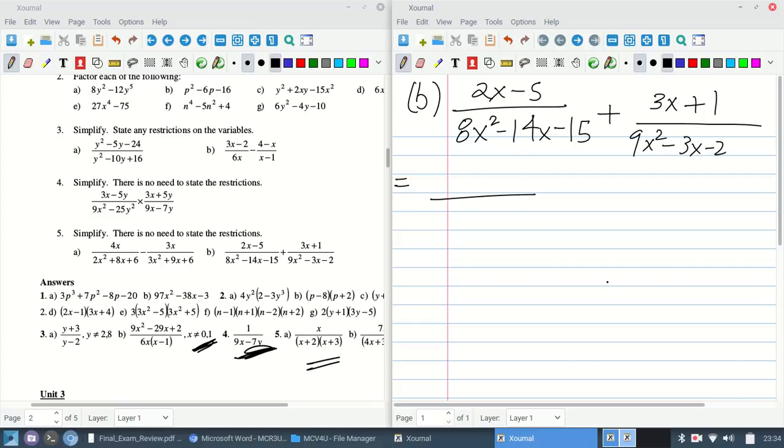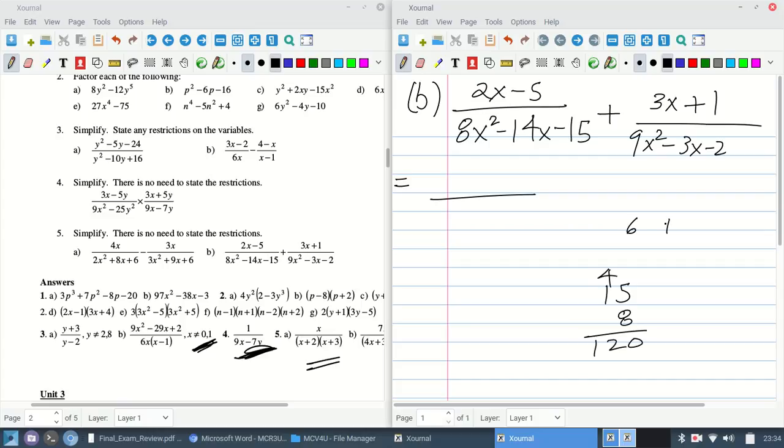So we need 8 times 15 and have a difference of 14. Oof, right? Okay, so 120. Have our difference of 14. Let's see, the options are 6 and 12.